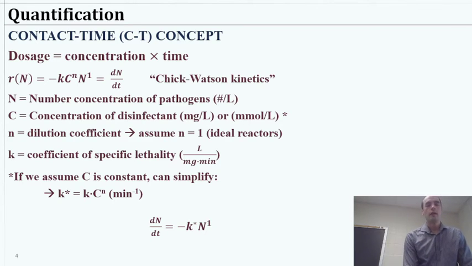Now, this is giving us a rate constant specific to the reaction between this chlorine or whatever disinfectant we've chosen with that particular organism. And then the C is going to be the concentration of our disinfectant. We have it raised to the power of n.